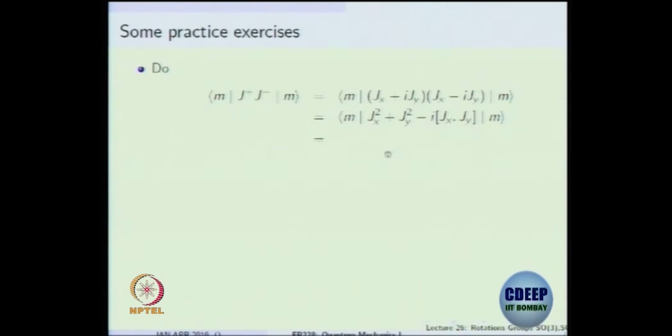Can we do? Jx squared plus Jy squared can also be written as, you can add a Jz squared to it and subtract a Jz squared from it. That way, it will help us to write this state to be eigenstates of this magnetic quantum number, and I have suppressed the j, you can put the j here.